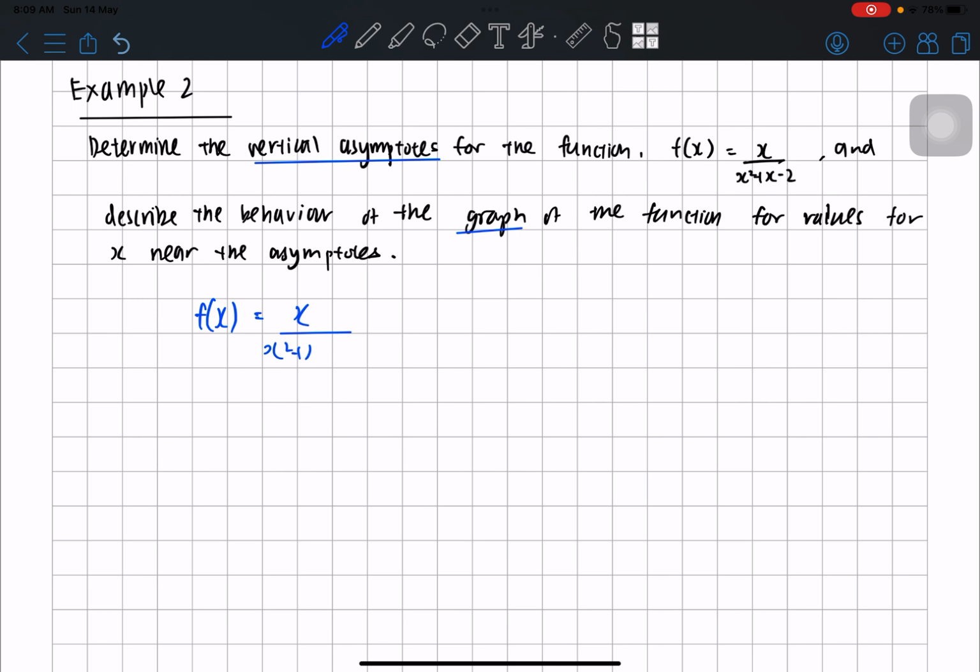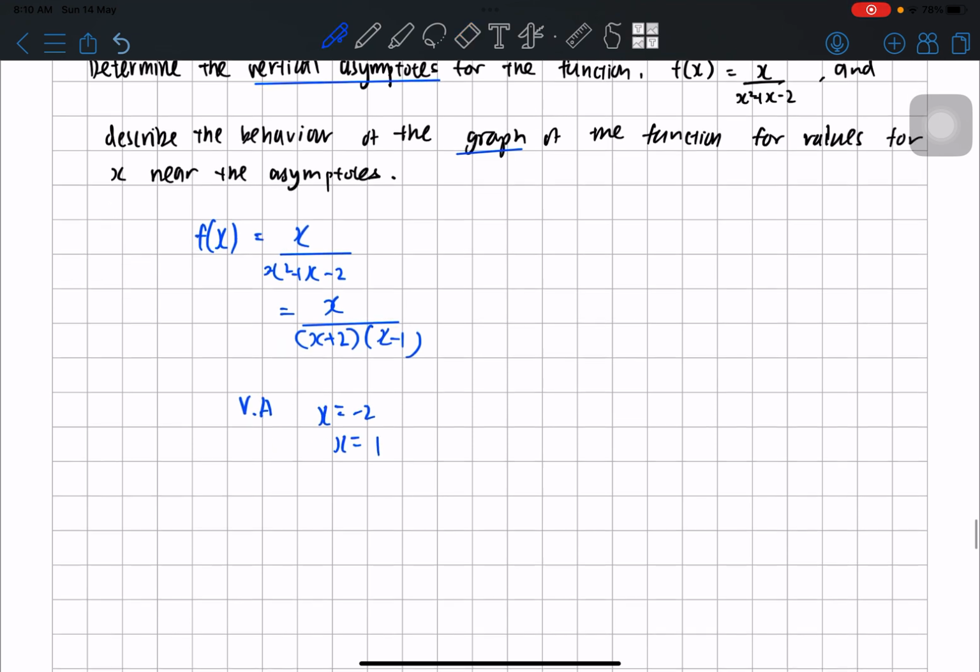Since the denominator factors, we get (x plus 2)(x minus 1). So our vertical asymptotes will be x equals negative 2 and x equals 1.